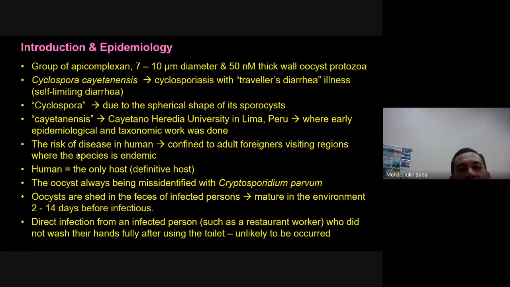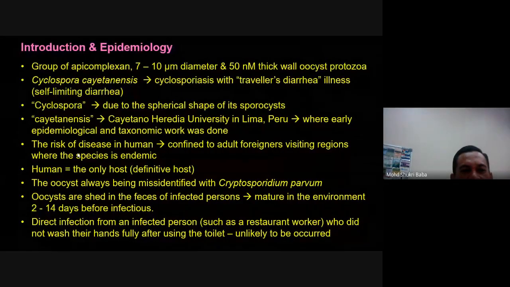So that is why this university adalah universiti yang pertama discovered this protozoa, and then they study lebih details about this species lah. So that is where the name coming from. Okay, Cyclospora cayetanensis. Alright. The risk of disease in human is confined to adult foreigner visiting region where the species is endemic.